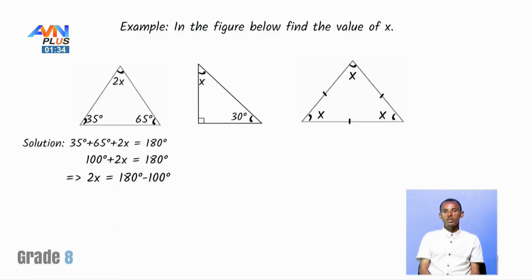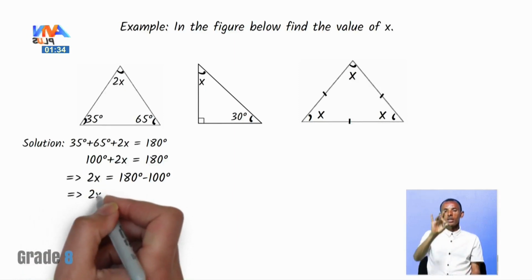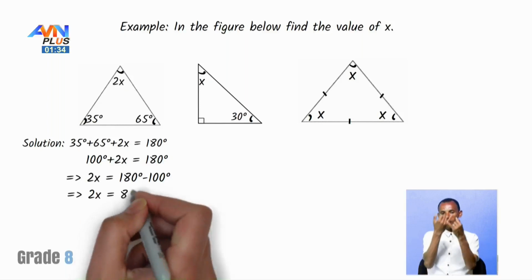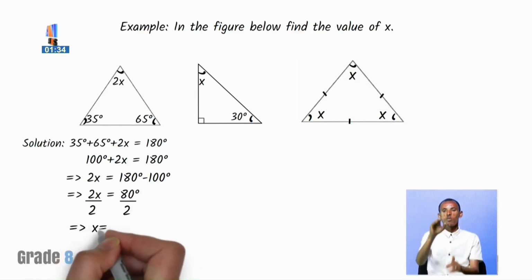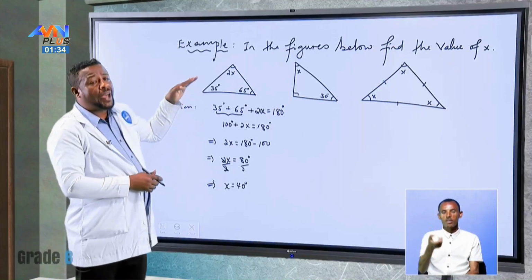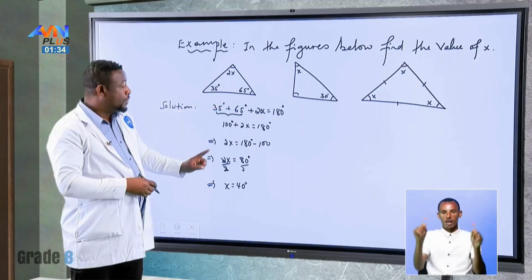So 2x is 80 degrees. Now you can divide both sides by 2, over 2 over 2. Then x becomes 40 degrees. The value of x in the case of the first triangle is 40 degrees.